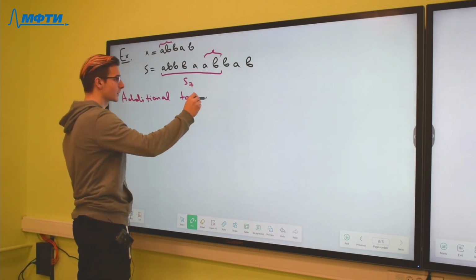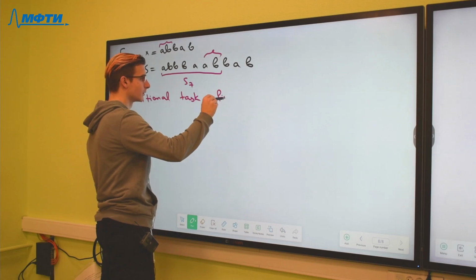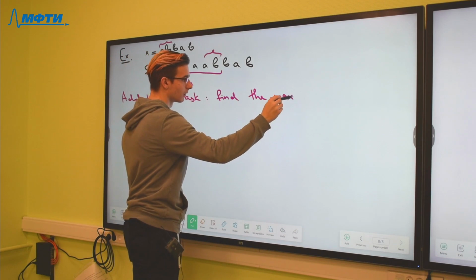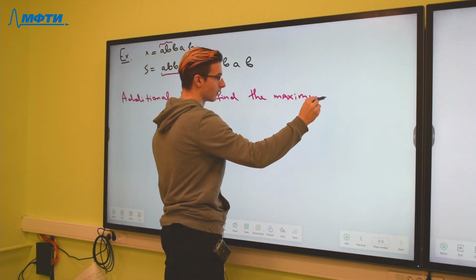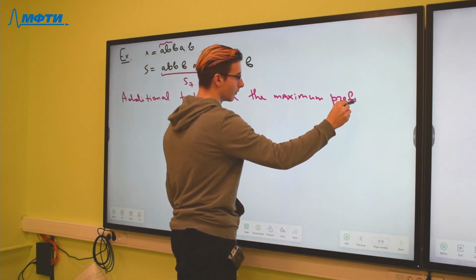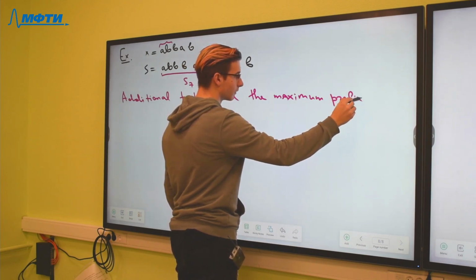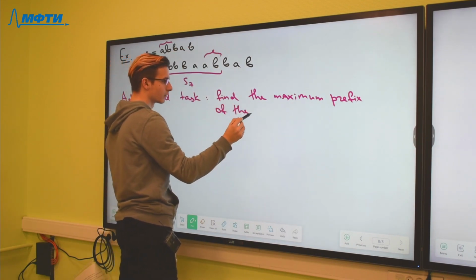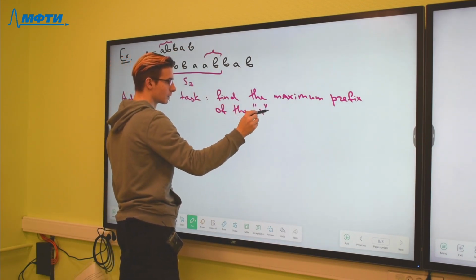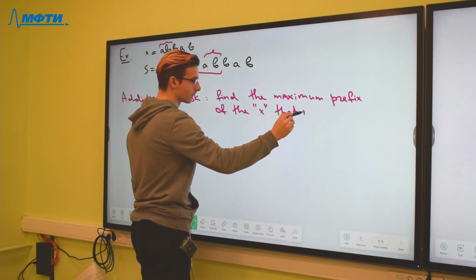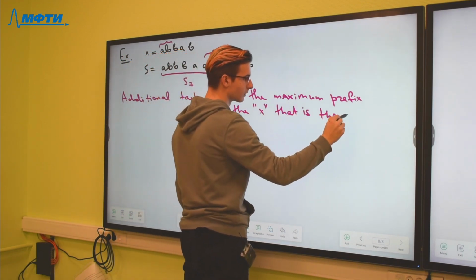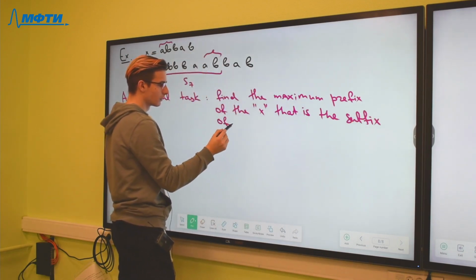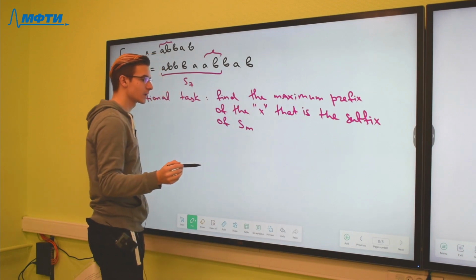So the additional task: find the maximum prefix of the x that is the suffix of s with index m.